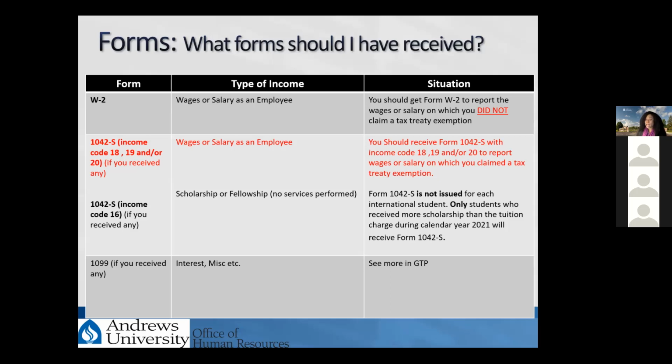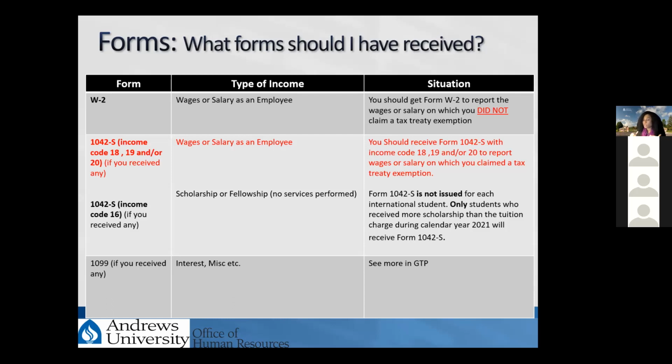And some may have, in addition to that, 1042S income code 16 that is mainly for scholarship because they got more scholarship than their tuition, okay? So keep that in mind. You could only have a W-2, which is fine because you never claimed a treaty, and you didn't have a scholarship that was so much higher than your tuition.